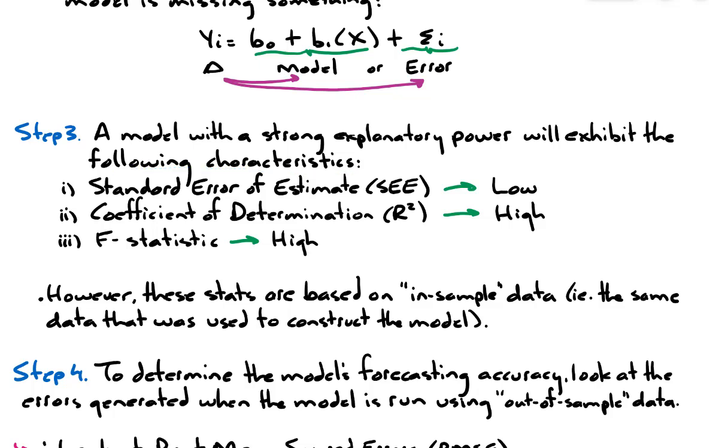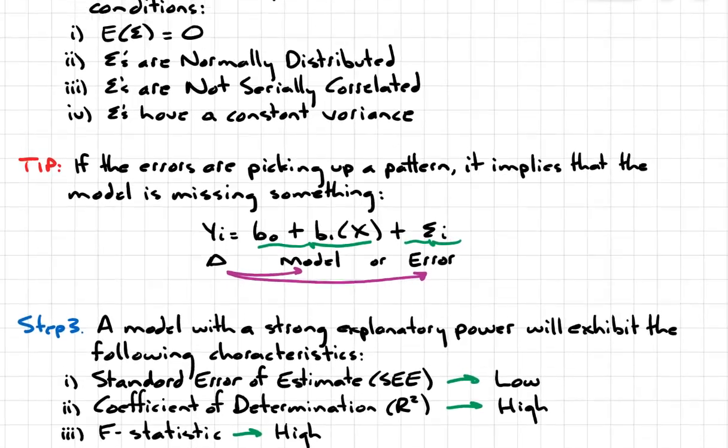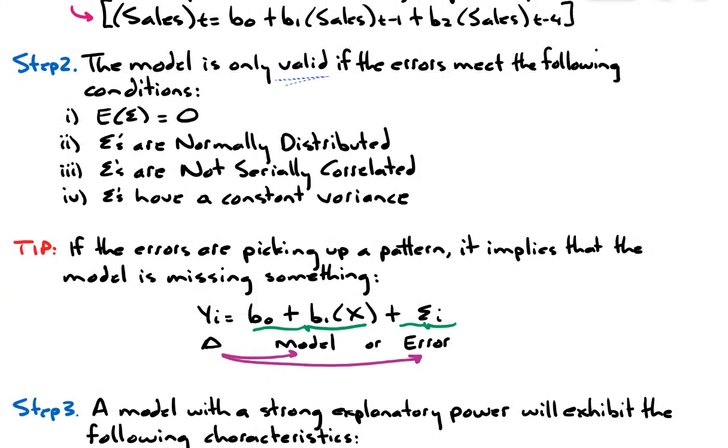Step 3. A model with a strong explanatory power will exhibit the following characteristics. Let me just pause right there. There are 2 key words here, and they mean different things. First of all, for a model to be valid, we're looking at the errors, and they should be random. If the errors are random, that just means the model was correctly specified.